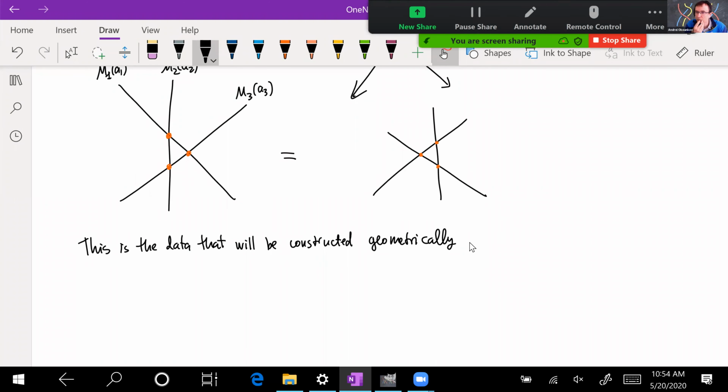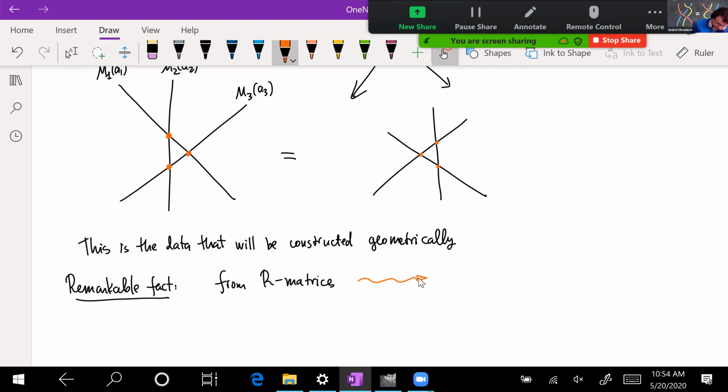So one remarkable fact: from R matrices, which are solutions of the Yang-Baxter equation, and tensor products of these modules Mi, one gets modules over a certain quantum group.